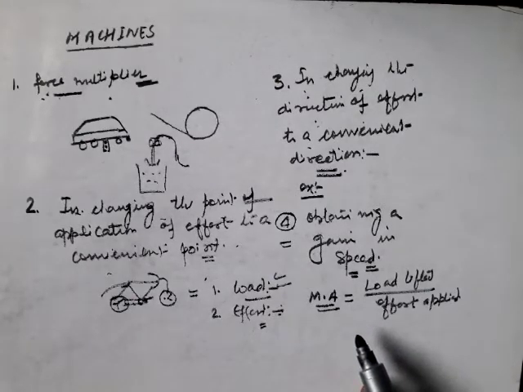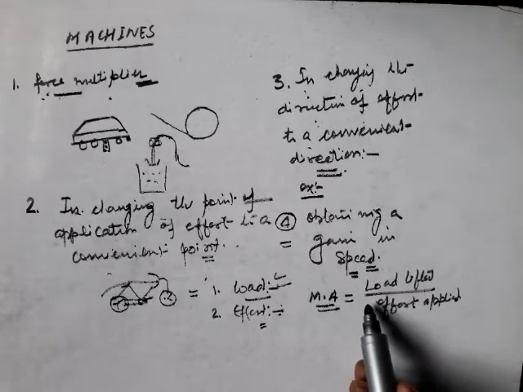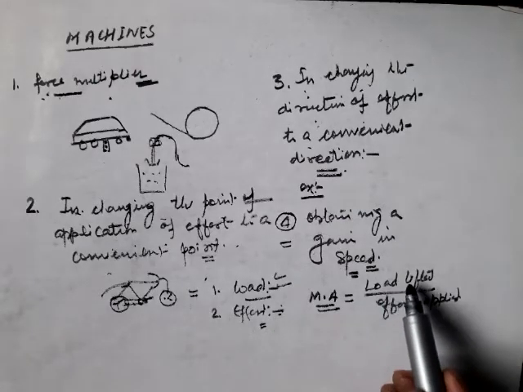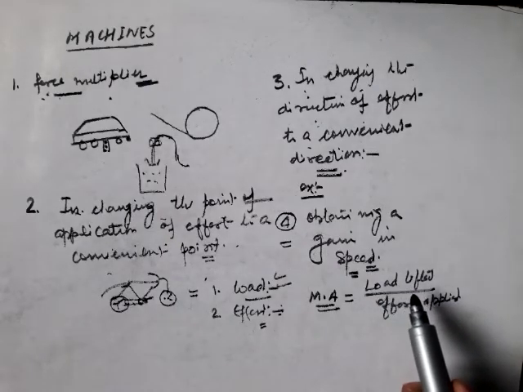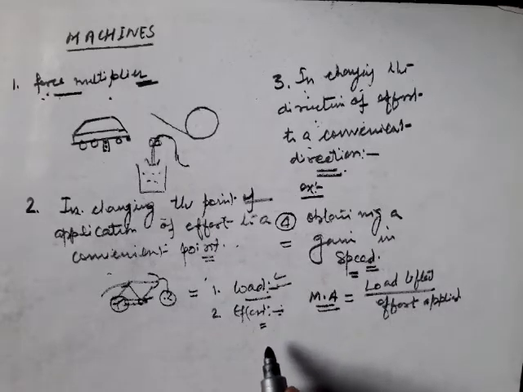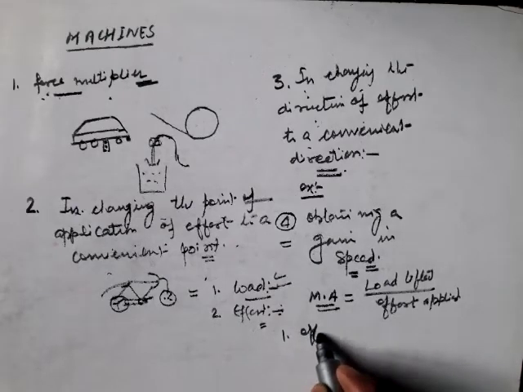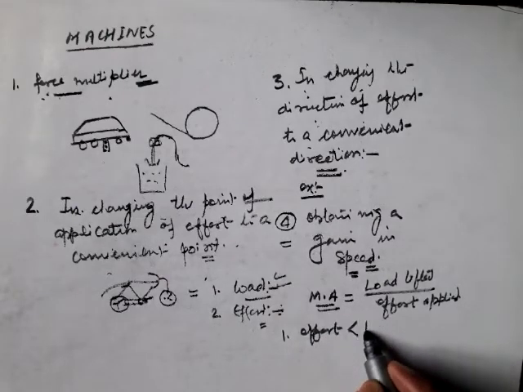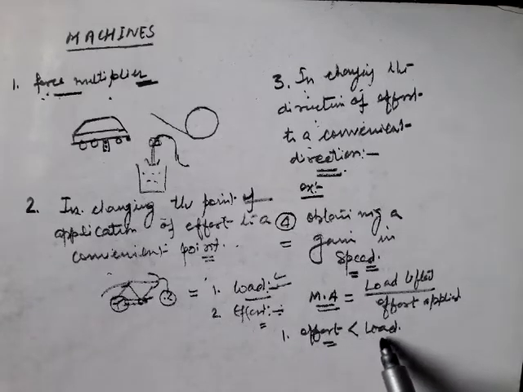Okay, so while using a machine to overcome a certain load, if the effort needed is less than the load, that is one condition. When the effort needed is less than the load, what happens?